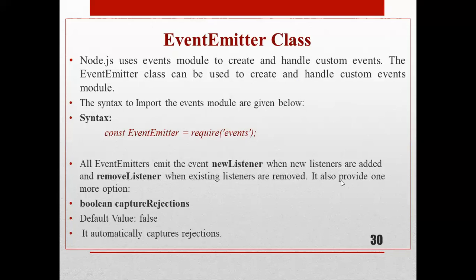It also provides another option, the boolean captureRejections. The default value for that is false, and it automatically captures the rejections. So this is all about the event emitter class: whenever any listener is added, the newListener event is emitted, and whenever we remove listeners, we use removeListener.